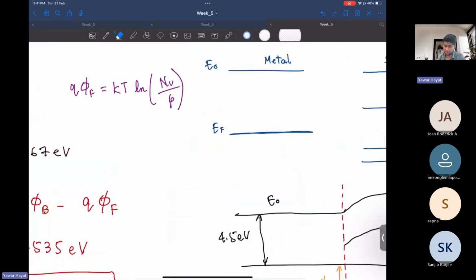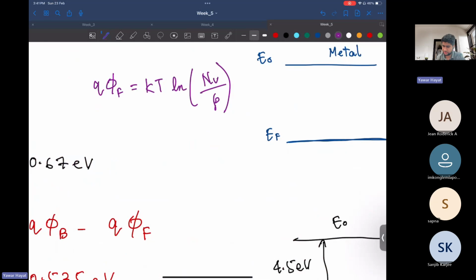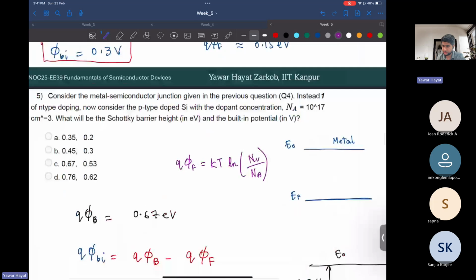And here I'll use NA for this, equals NA. And what is NA equal to? In this question, NA is 10 to the power 17 per centimeter cube. Use that and you'll get Q5F. The value of Q5F you'll obtain is 0.135 electron volt, right?